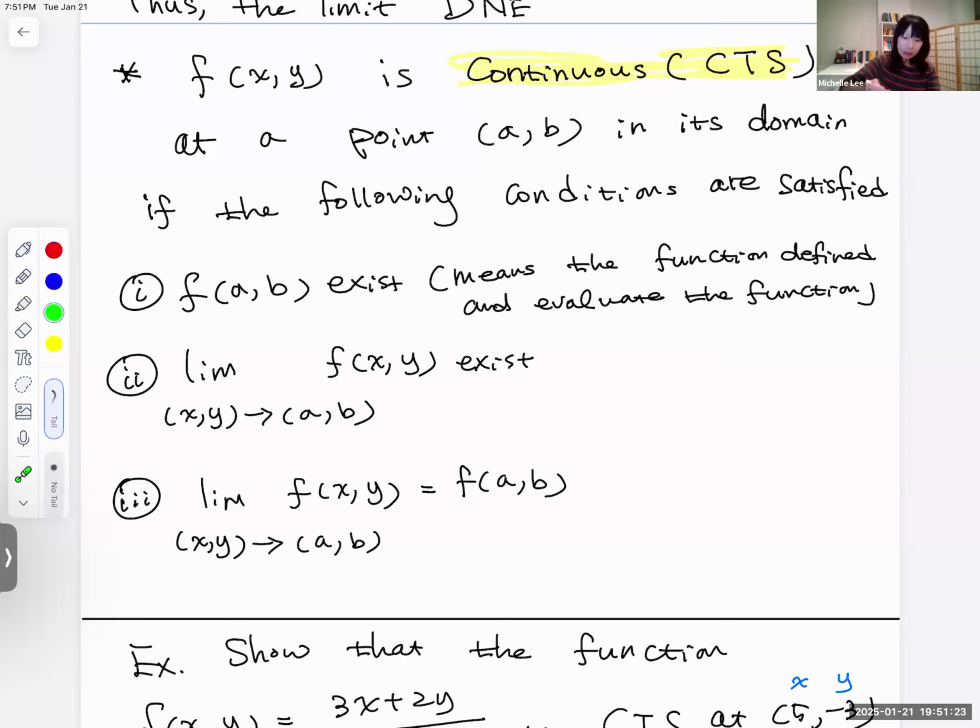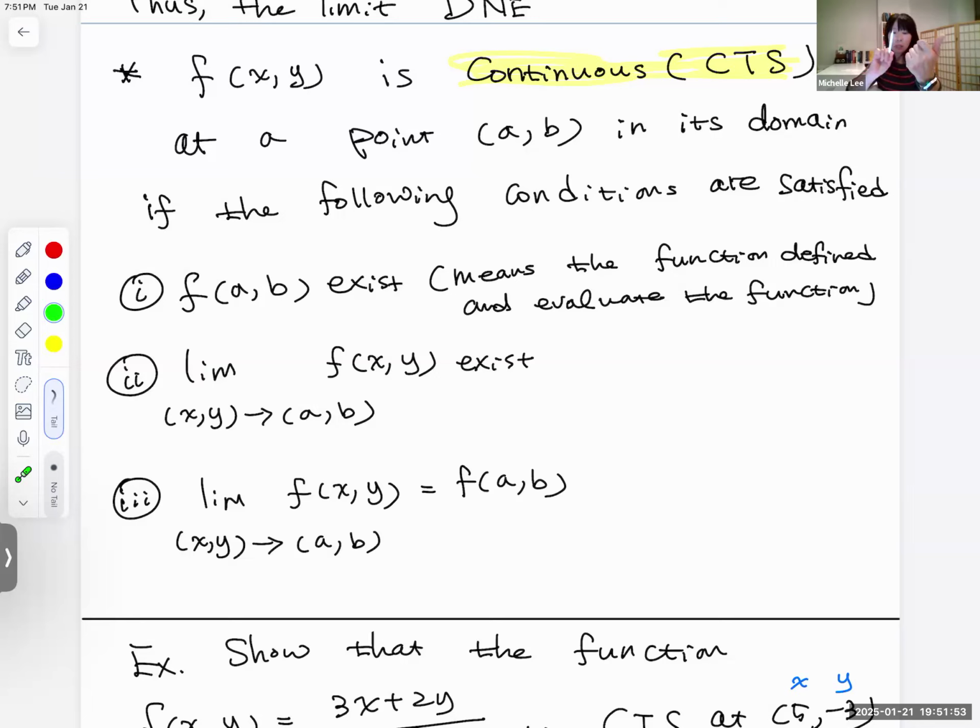So we had f of x, and now we have f of x, y, in 3 dimensions. So f of (a, b) exists means the function is defined and we can evaluate the function. Then the limit exists.